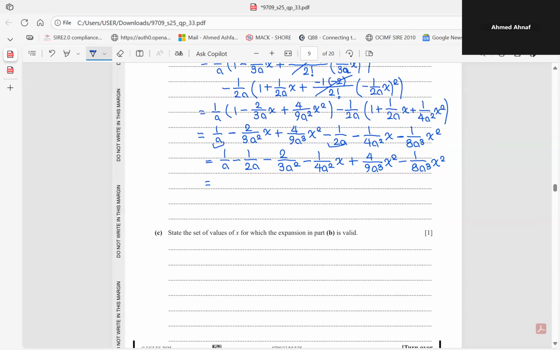So this 1 over a minus 1 over 2a, we'll just get 2 over 2a minus 1 over 2a. So that is 1 over 2a.